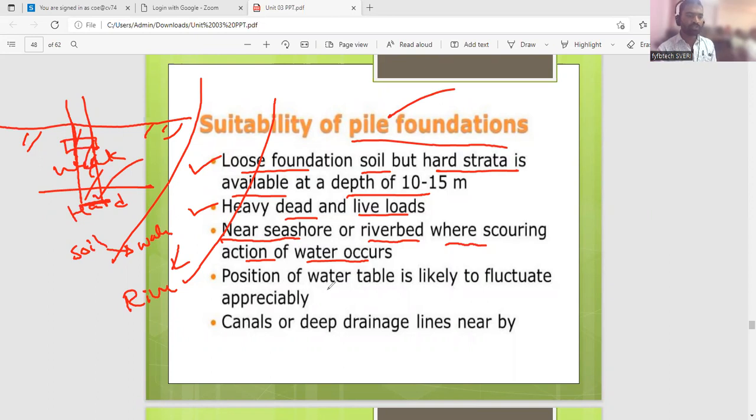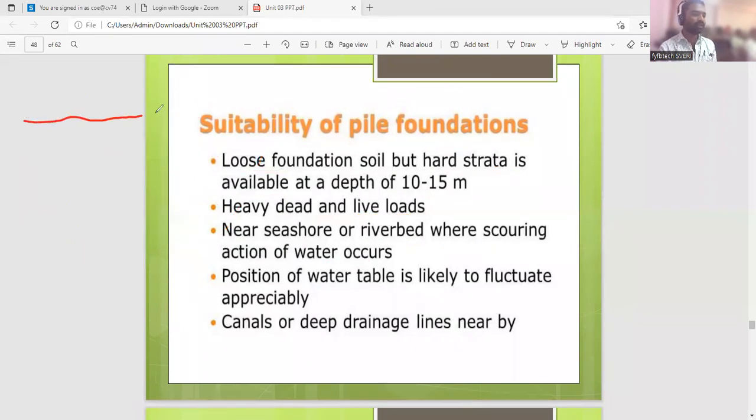Then, when the position of the water table is likely to fluctuate appreciably. Consider this is the ground level, and in the ground there is water. This is the position of the groundwater table. After 15 days or a month it changes, and in the rainy season it may come up to ground level also.